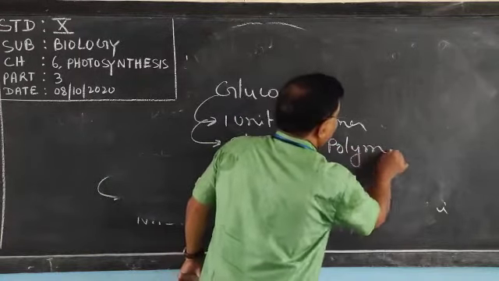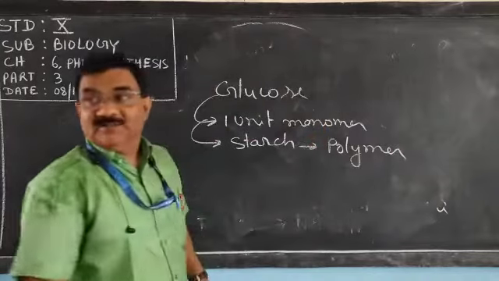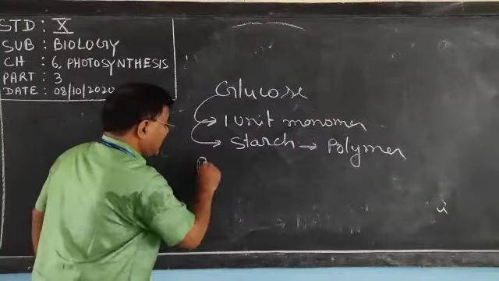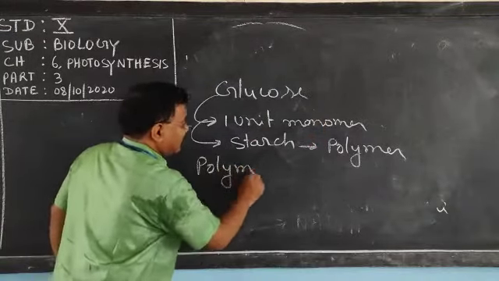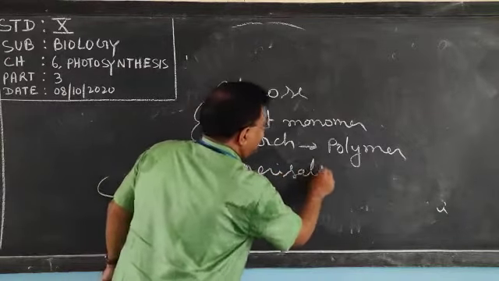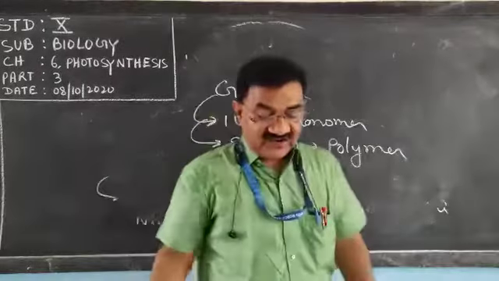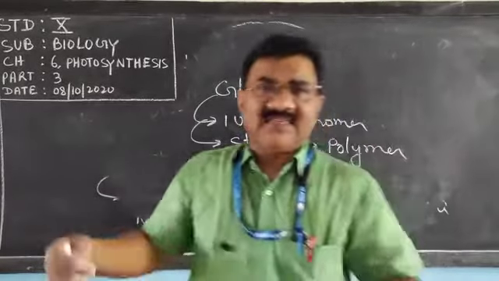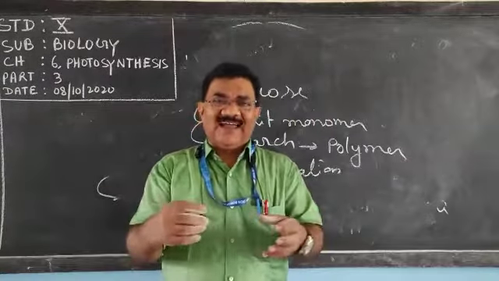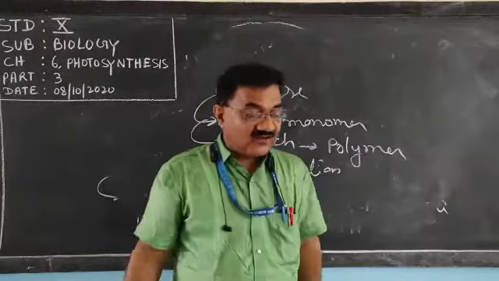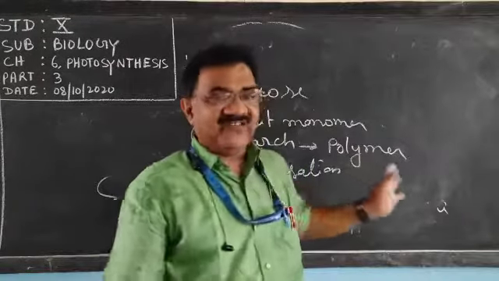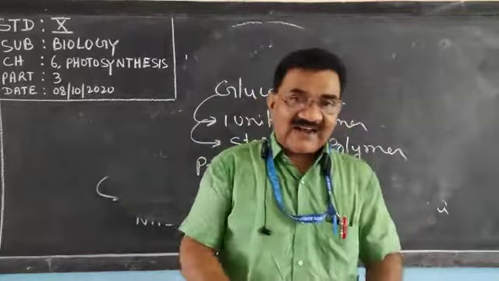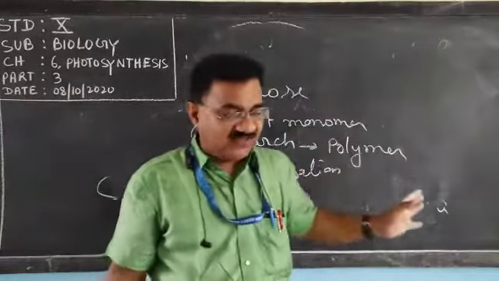Many glucose molecules combine to form a polymer, and this reaction is known as polymerization. You must have read in chemistry that many ethene molecules combine to form polythene, and that is also a polymerization reaction. So the light independent phase we have understood.